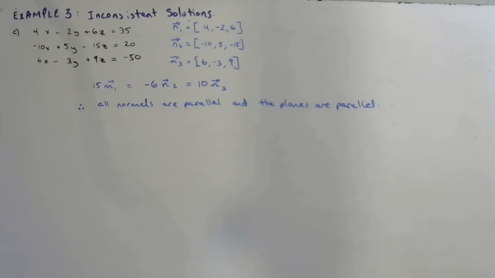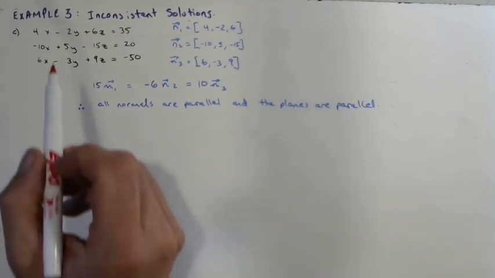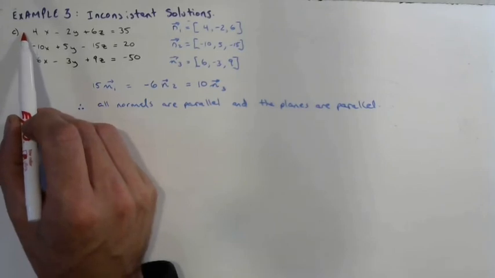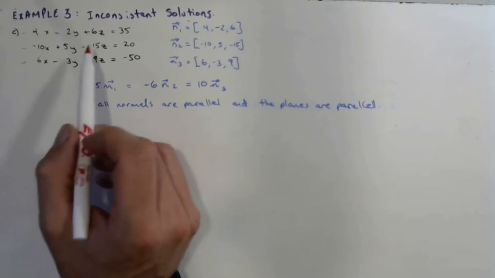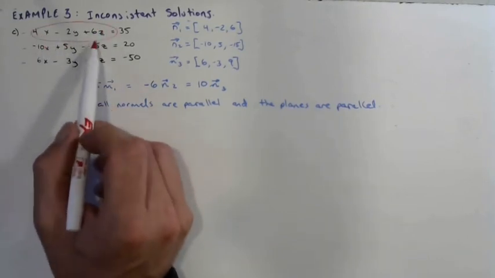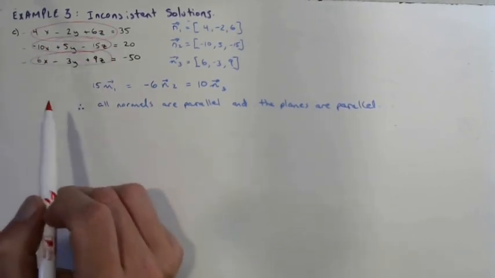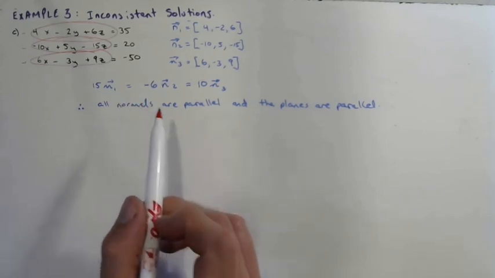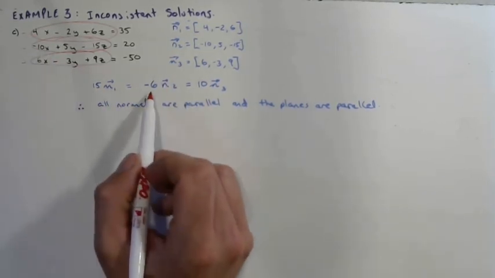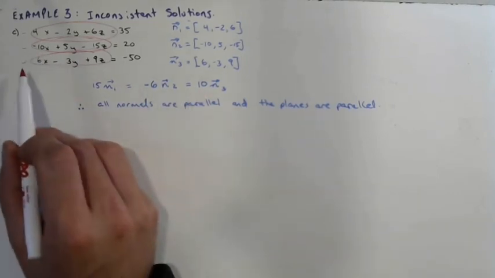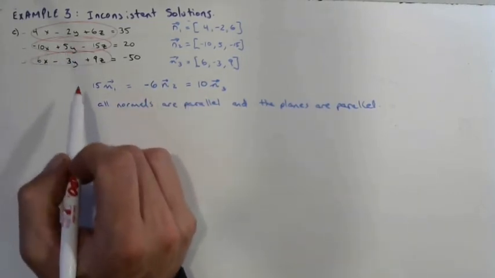So now we need to look back at the equations to determine if the planes are coincident or if they're parallel and distinct. We know that there's a number I can multiply each equation by in order to get these parts to all look the same: 15 times the first one, -6 times the second one, and 10 times the third one. That will get us all the same on the left-hand side.